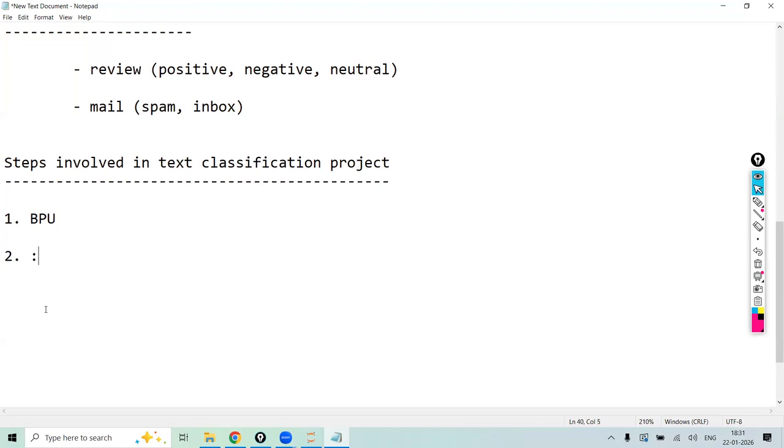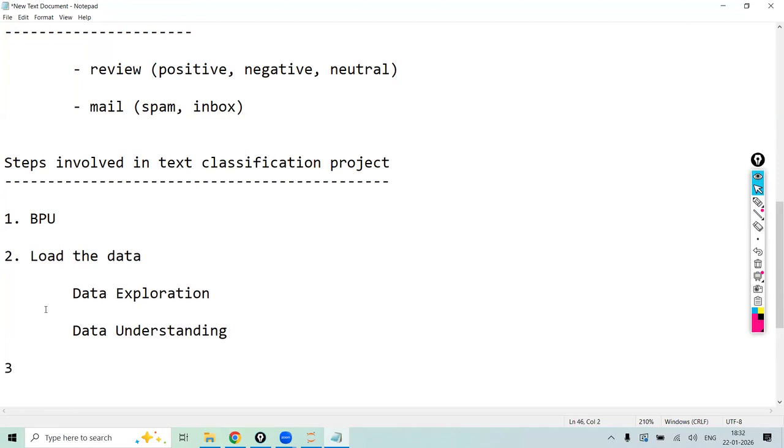Second, you load the data, common. After loading the data, you do the data exploration, meaning understand each and every column, internal values along with the column names. That is data understanding, common.